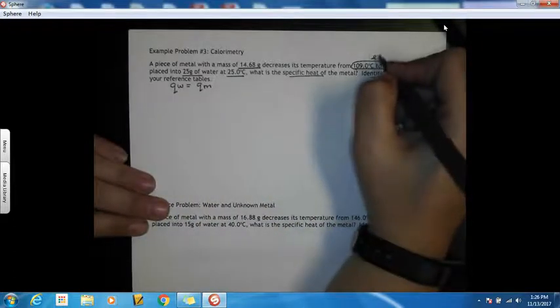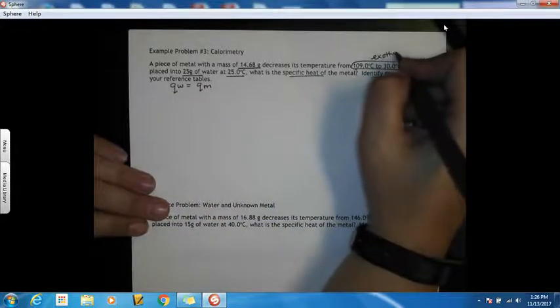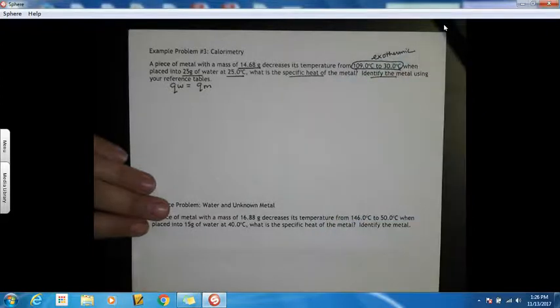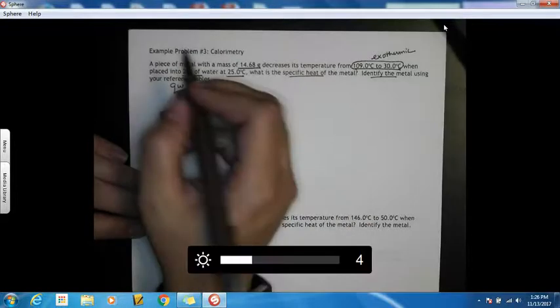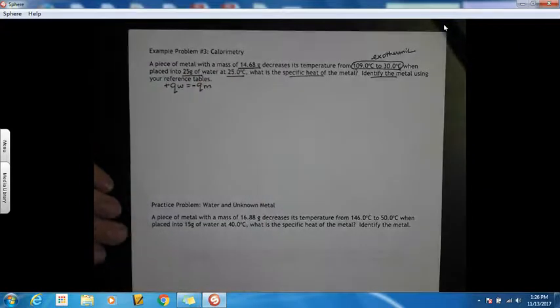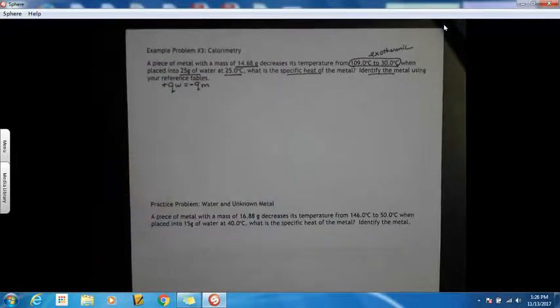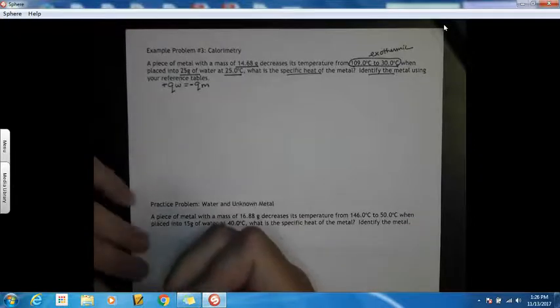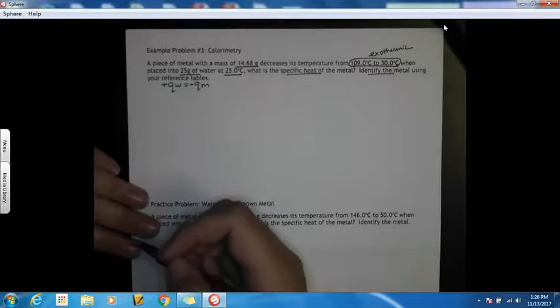That's saying that this is exothermic. It's losing heat, although it's not really losing it, it's really just transferring it to the water. So it's equal, but they're opposite in sign. Because remember, if energy is released, then it's negative. And so since the metal is releasing energy to the water, it's going to be negative.